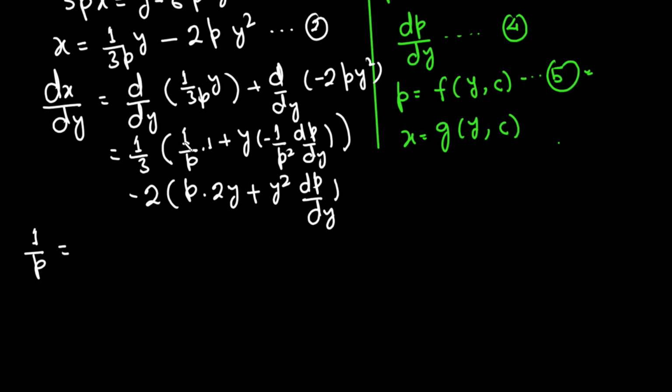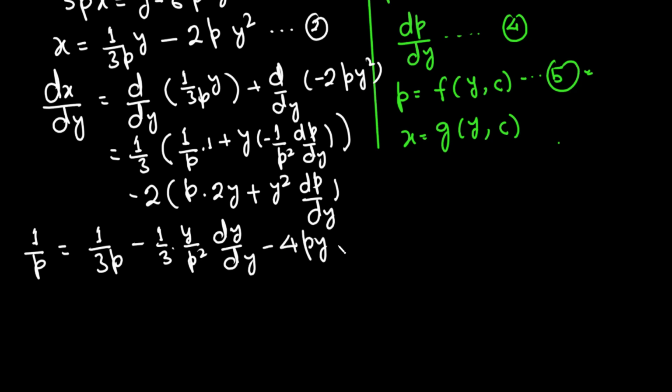This is equal to, simplifying the expressions on the right hand side, 1 over 3p, then minus 1 over 3 y over p square dp over dy, minus 4py minus 2y square dp over dy.